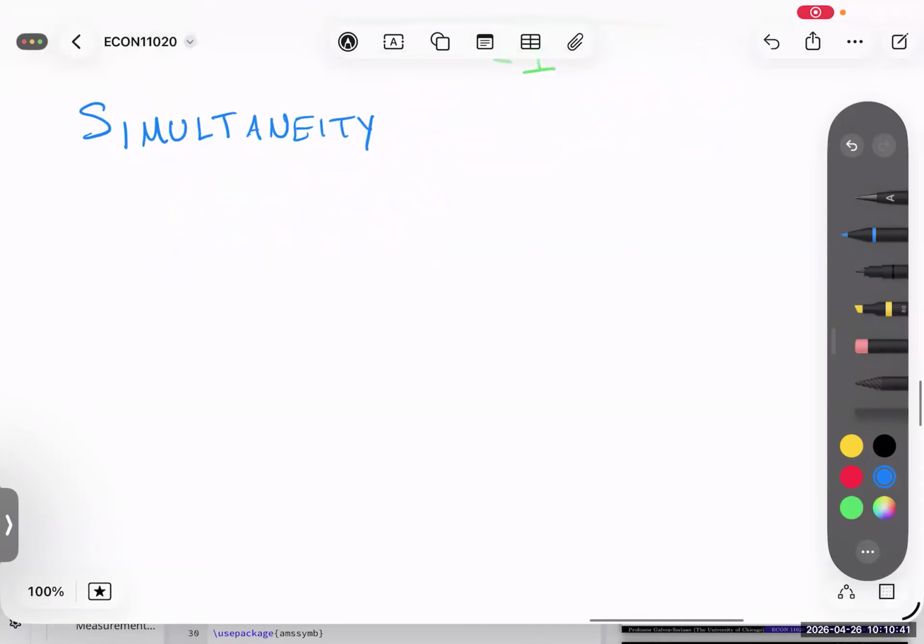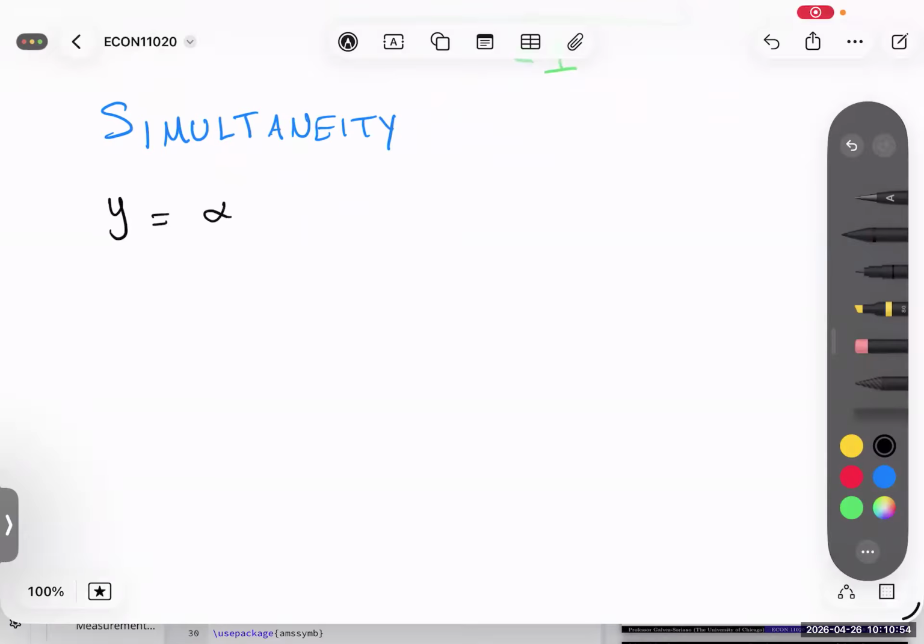For simultaneity, we have that the true model is one for which we evaluate the relationship between x and y. But it turns out that you could also explain x using y, right?